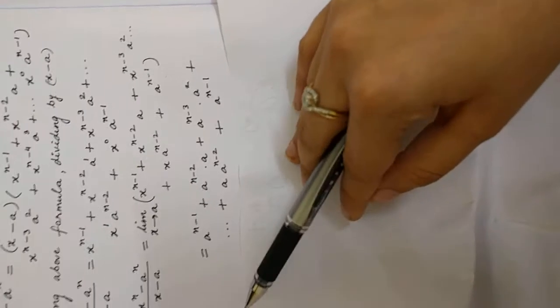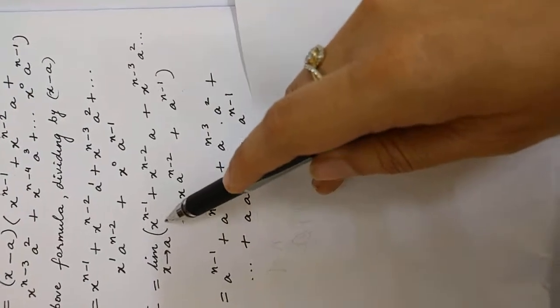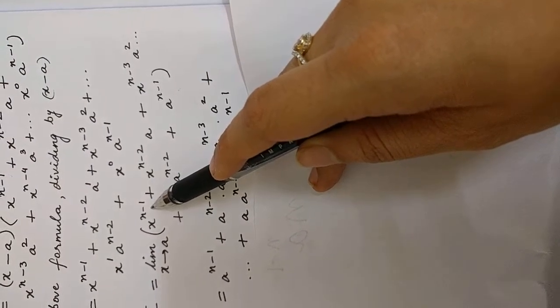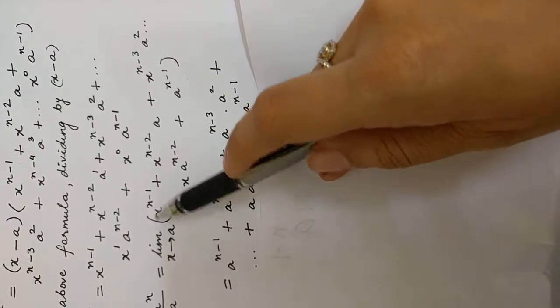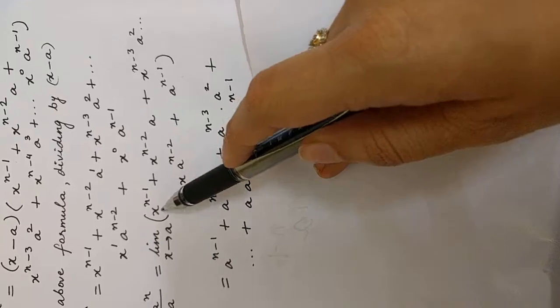Now see this, x to the power of n minus 1 and the rest. So for finding its limit, we simply put x equals to a.